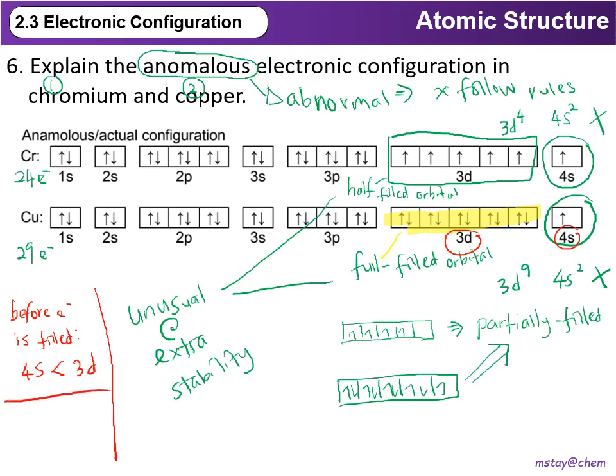But after electrons are filled, the energy of 3d will be less than 4s. So after filling with electrons, you can write 3d first and then 4s, or you can write 4s and then follow by 3d, no problem. We do not emphasize which one comes first after you fill up with the electrons.